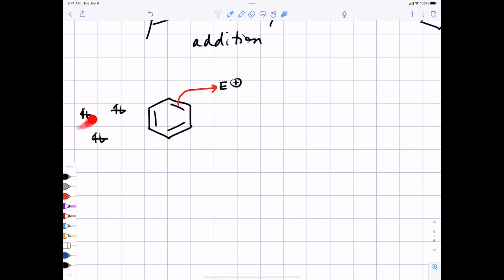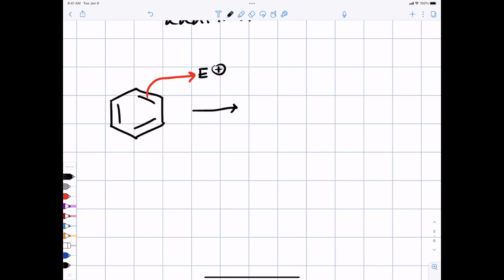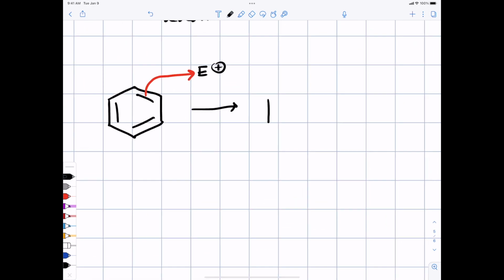So one of these degenerate pairs of higher energy electrons. But in terms of the arrow pushing, we can choose any of the pi bonds in the benzene ring to attack the electrophile. Because we're not specifying what the electrophile is, we don't have any arrows to draw right now. That's going to generate an intermediate that looks like this.